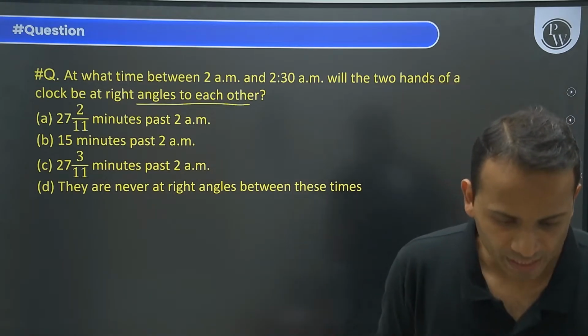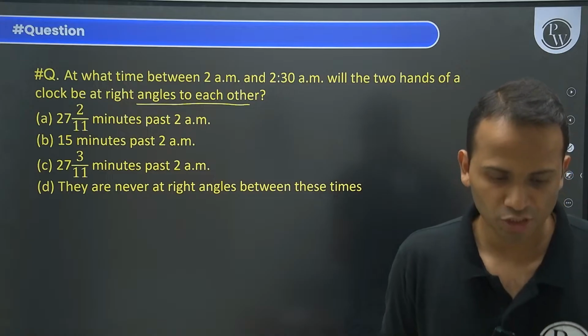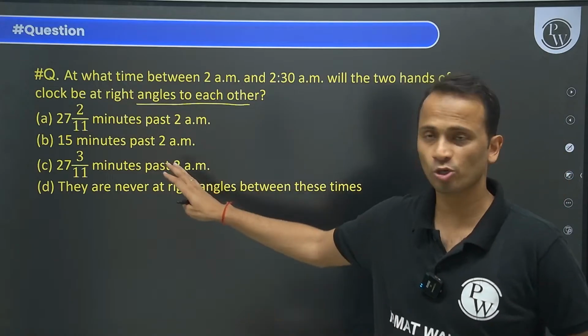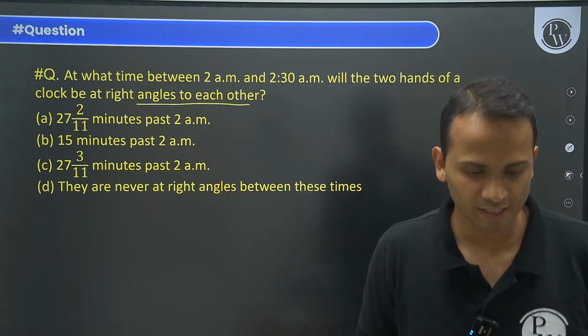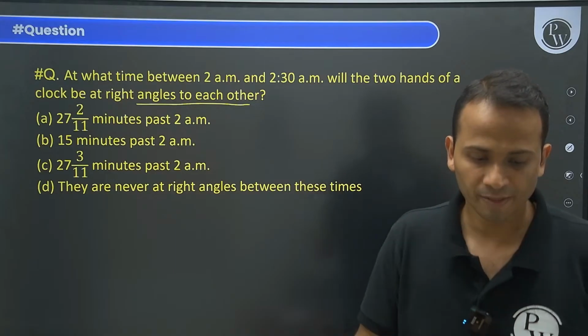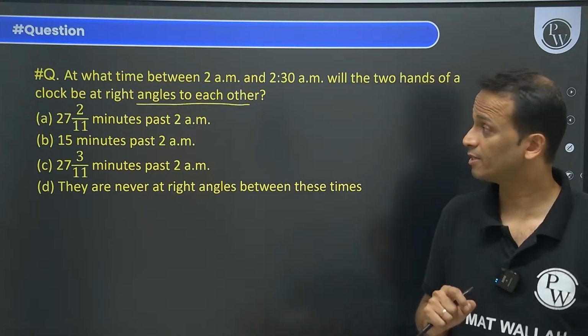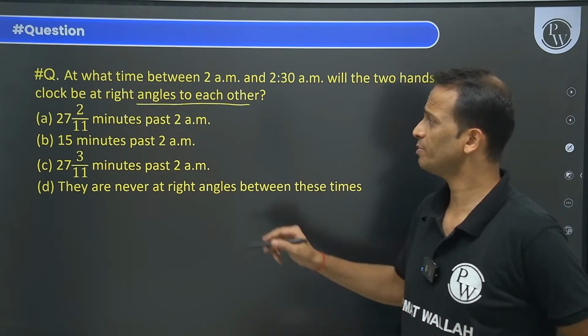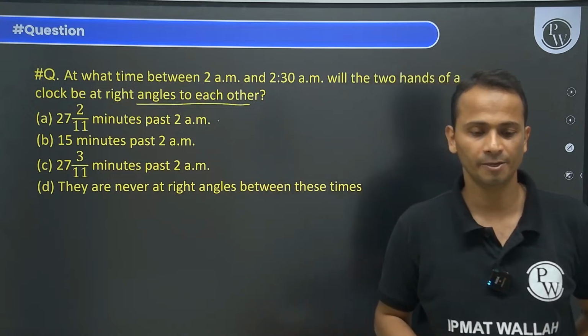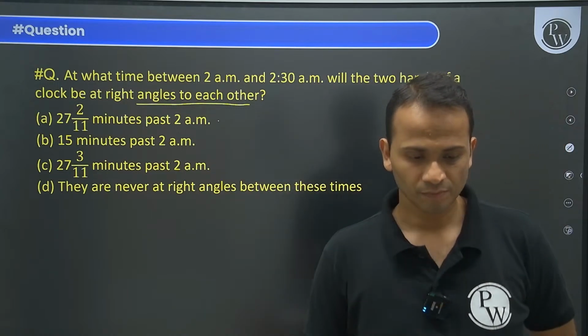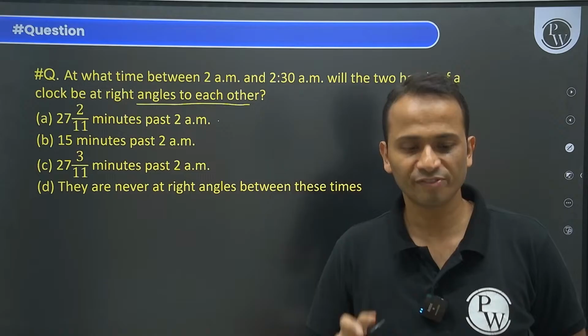27.27 minutes past 2 a.m. So Ruchi, are you sure that option C is the correct answer for this? Let's have a look at this. Chinmay on the other hand has a different opinion. So Chinmay says answer will be option A. All right, so two students, two different answers.